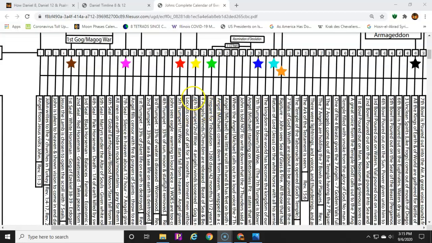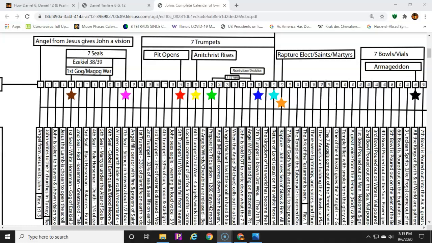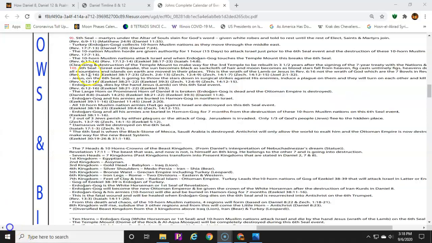When this sixth trumpet happens and Antichrist comes out, those 10 nations will then form into what we call those 4 regions. Those 4 regions are the same regions that we saw back in Alexander, from past to future. This is Daniel 2 to Daniel 7 to Daniel 8. You see that morphing of those kingdoms that we've talked about so many different times.